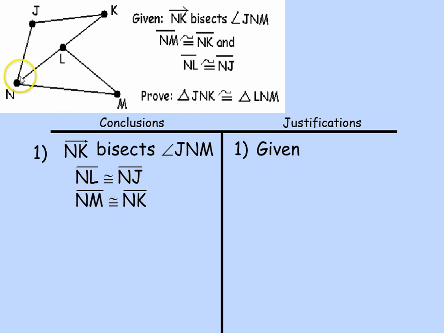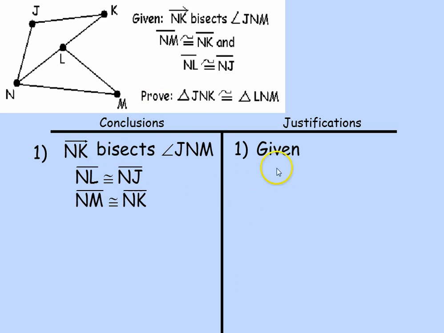I also know that NL, this segment from N to L, is the same length as NJ. And also that NM, this line segment right here, is the same as NK. So this is where we have a little bit of overlapping, but if you can separate those two, then it might be more obvious once we get to where we need to get to.